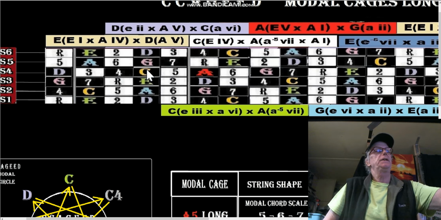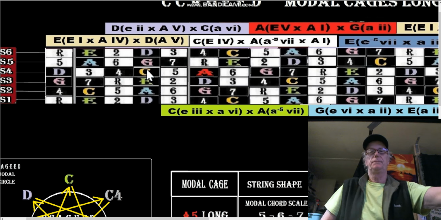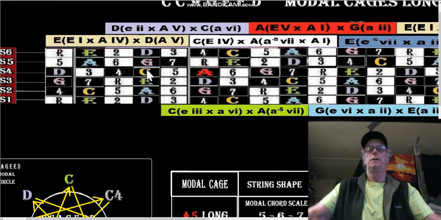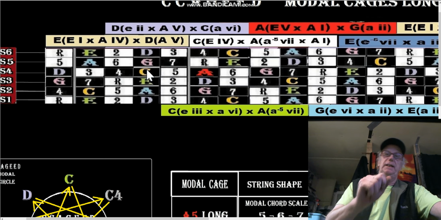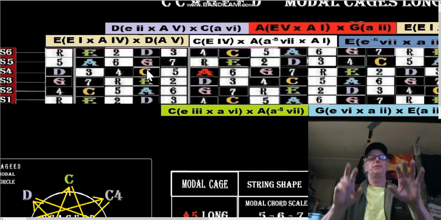So we got C, the word cage: C, A, G, E, D. The word cage backwards is an increasing scale, D, E, G, A, C, or 2, 3, 5, 6, root. It just keeps going, 2, 3, 5, 6, root, no matter what key you're in. But we coin it in CAGED in the C system.